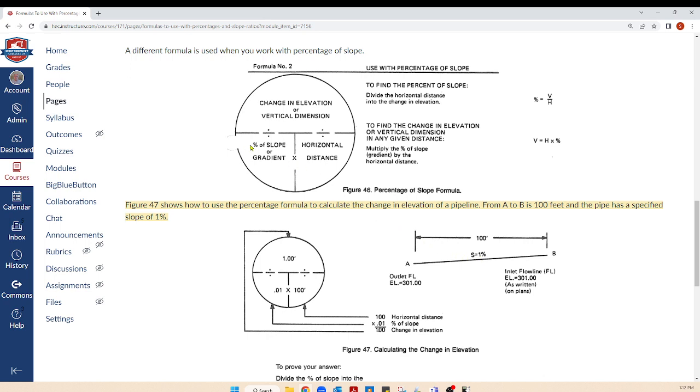So if we put 0.01 here and 100 feet here, we would have 0.01 divided by 100, equals 1%. No, we got that.